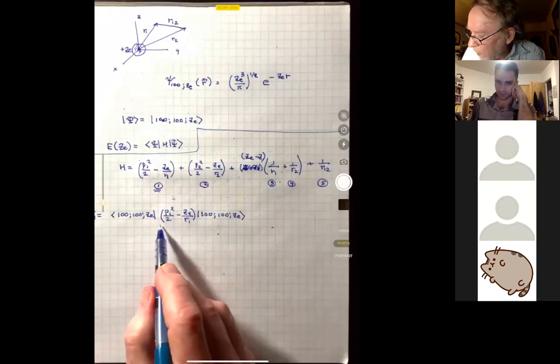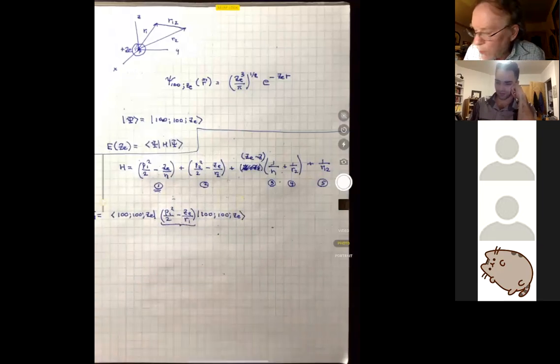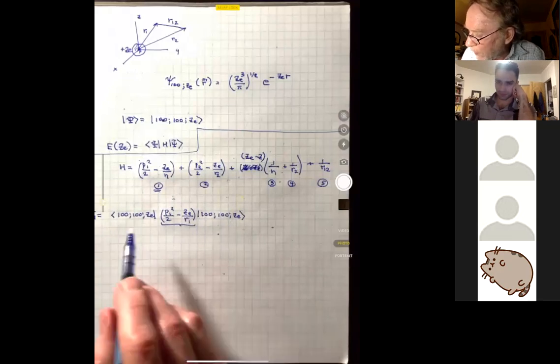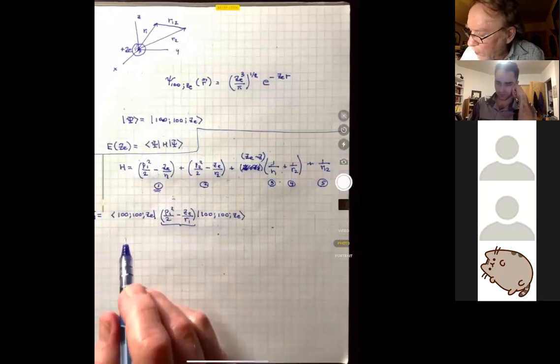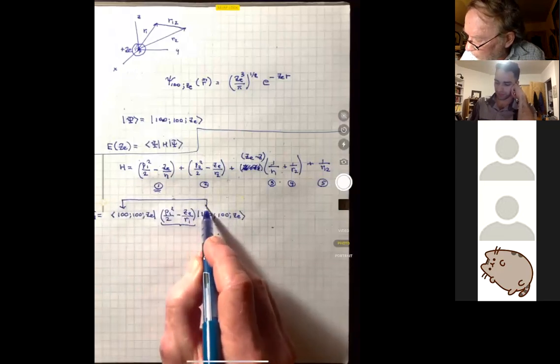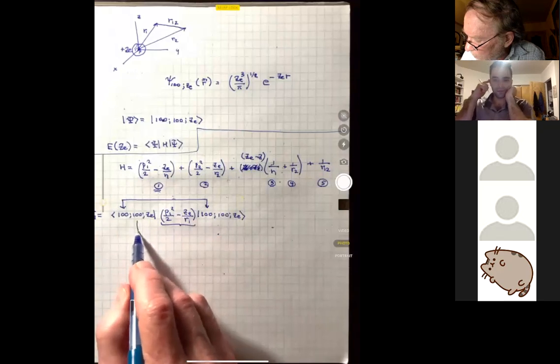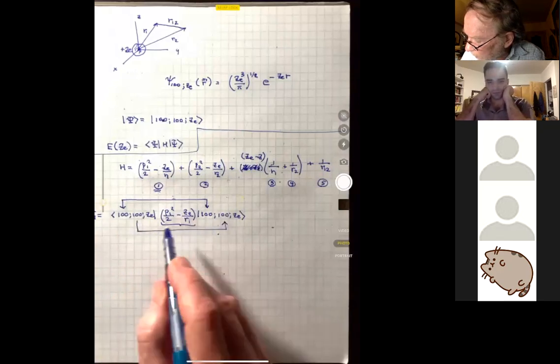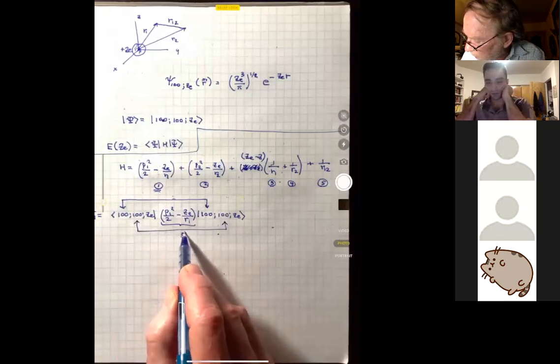Now the operator in the middle involves the momenta and coordinates only of electron number 1. But the bras and the kets on the right involve both particles 1 and 2. There's a bra for particle 1, and over here is the ket for particle 1. And down here is the bra for particle 2, and there's the ket for particle 2. Let me label this as the 2, and this is the 1.